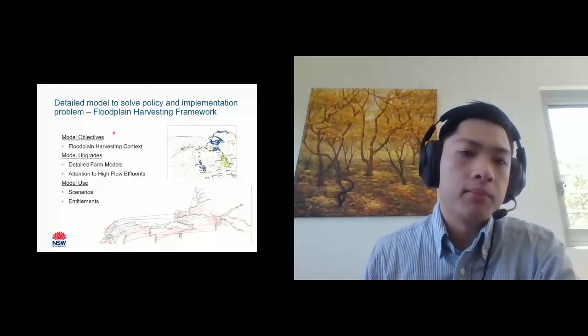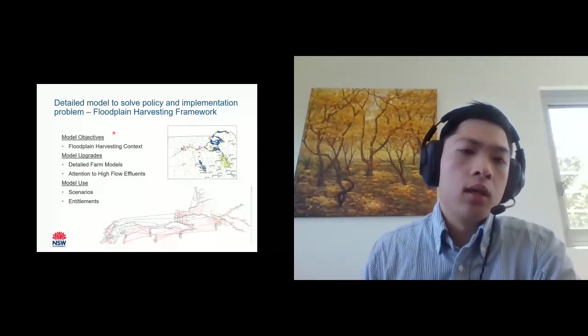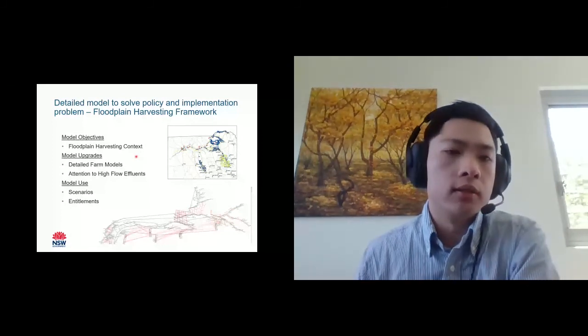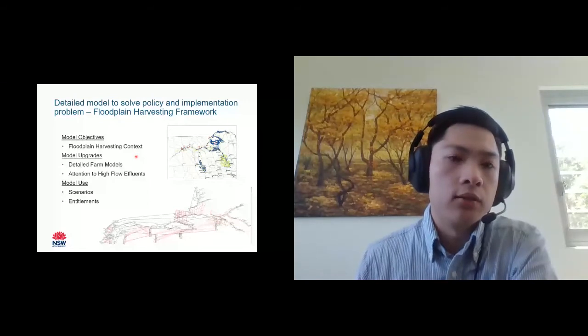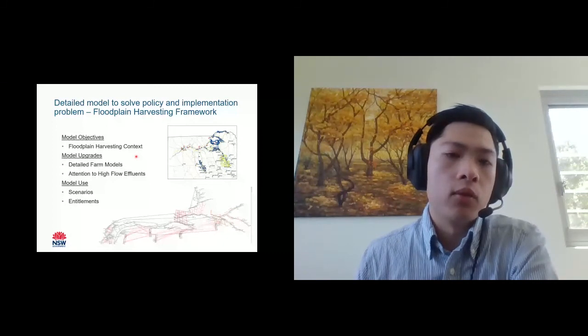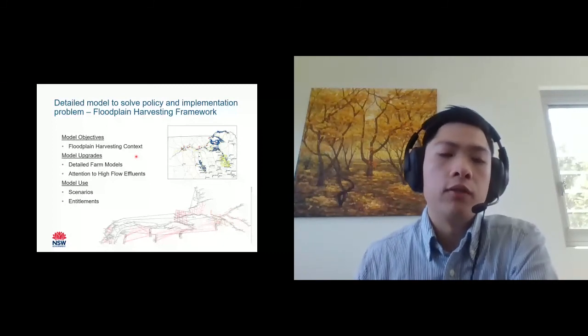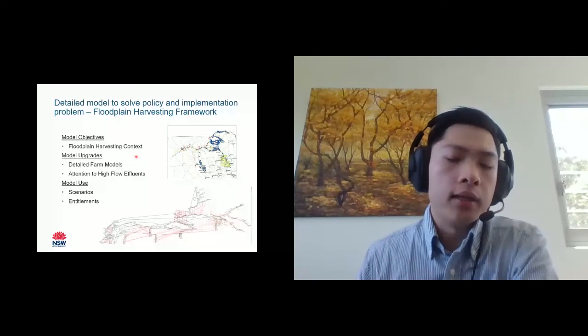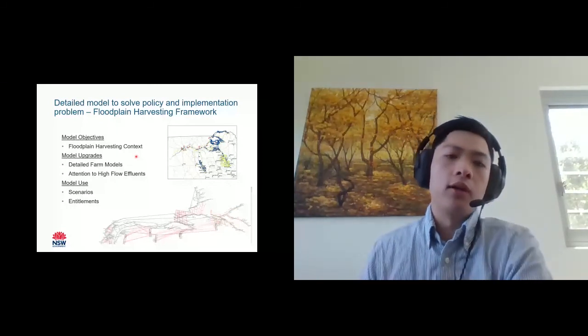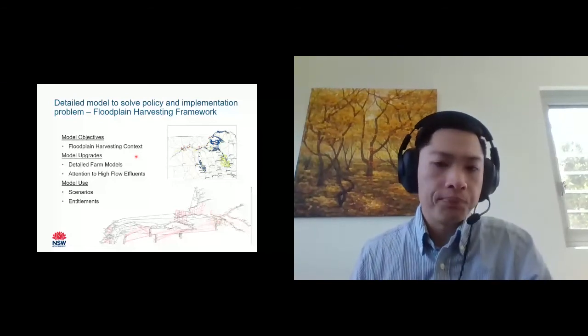As part of this project, we had to do a significant model upgrade, mainly the detailed farm models, as well as putting a lot of attention into representing high flow effluents better. And we are now able to use this set of models for various scenarios, initially for floodplain harvesting entitlement, but they can be used for a number of different scenarios that might come in the future as well.